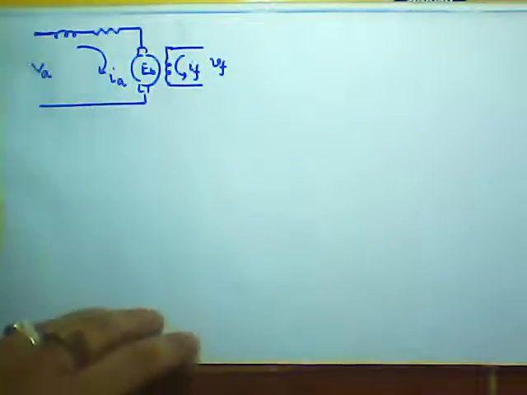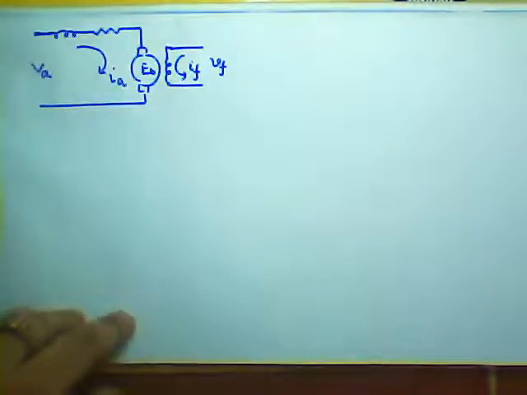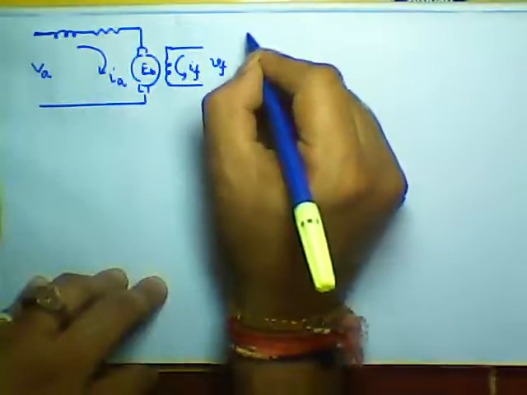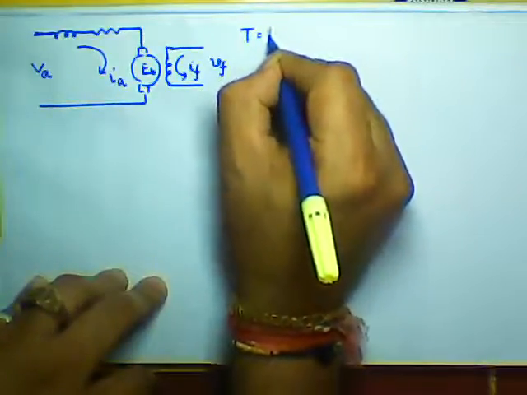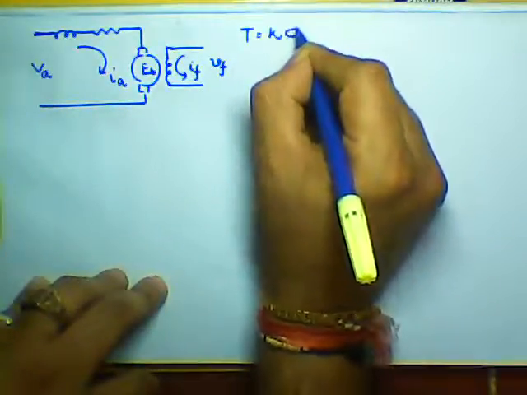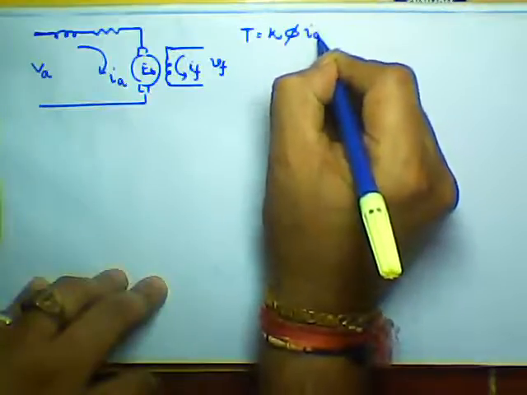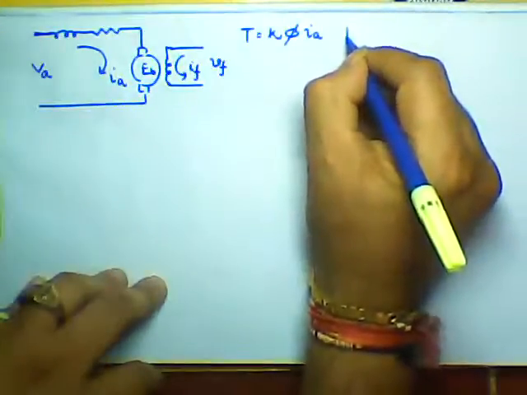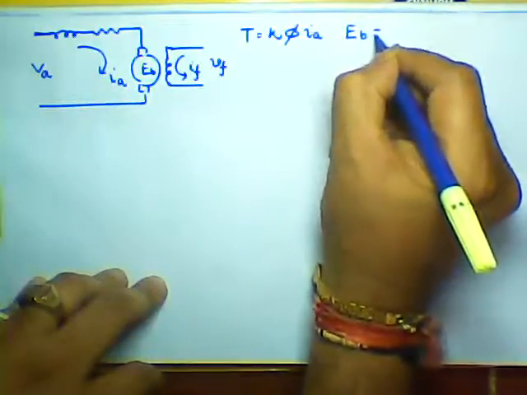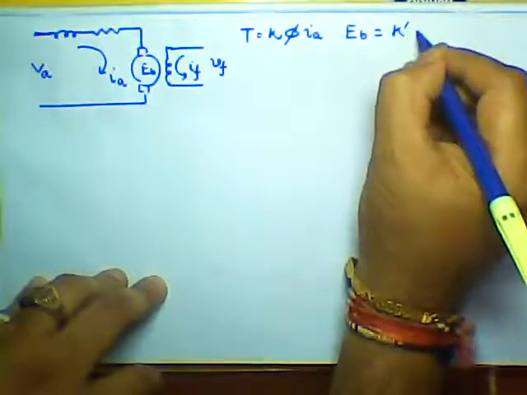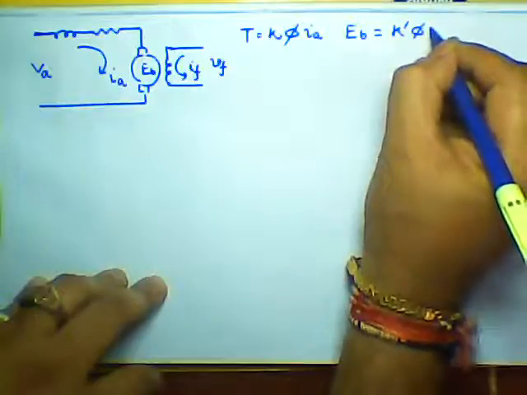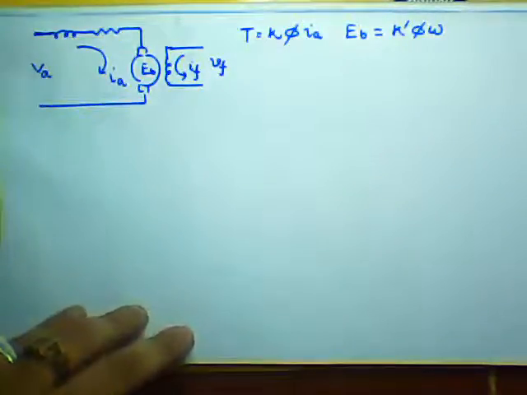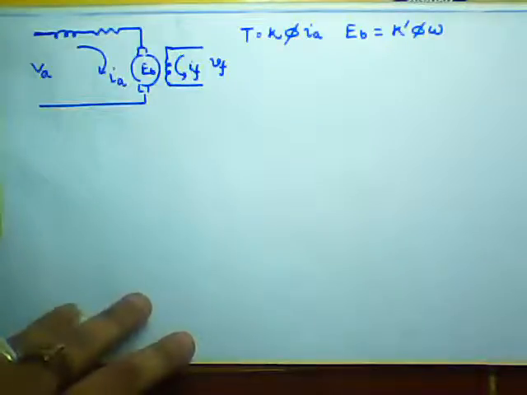Now if you see the governing equations of a separately excited DC machine, the torque is given by some constant into the flux and the armature current, and the back EMF of the machine is given by EB equal to another constant into flux into omega. Omega is the RPM of the machine, meaning the angular speed of the machine.